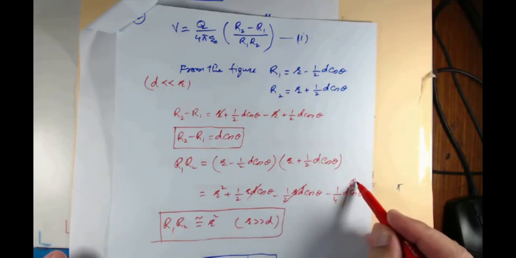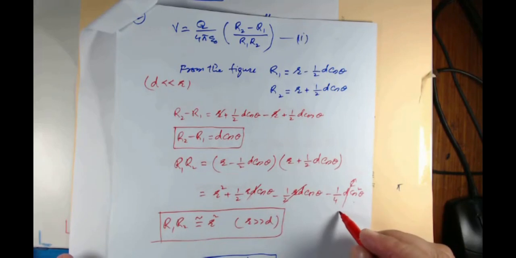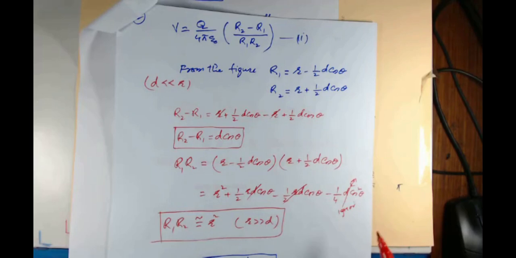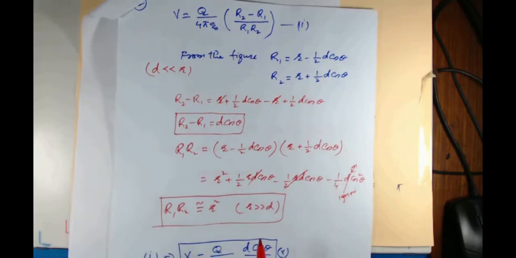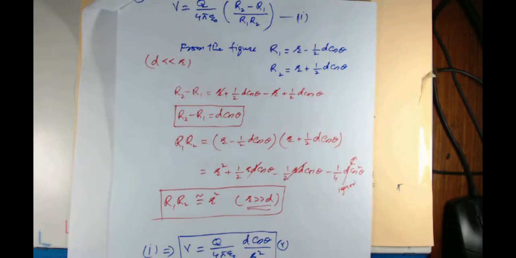We are left with the approximate solution R1 times R2 approximately equal to r square. That is, the distance between the electric dipole and the distant point is much greater than the separation between the two charges.